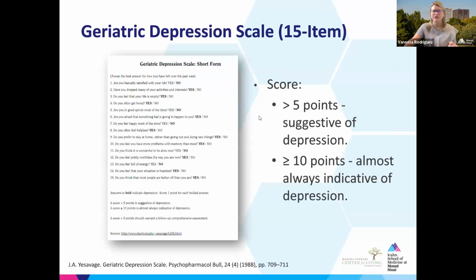For the Geriatric Depression Scale, for the 15 item, if you score over 5 points, it's suggestive of depression. And if you score above 10 points, it's almost indicative of depression.